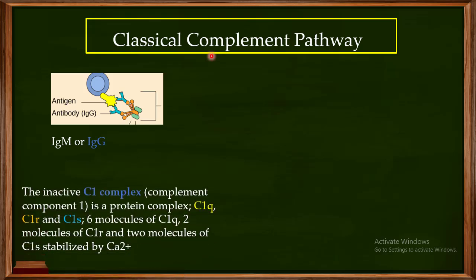When we talk about the classical complement pathway, you need to understand the C1 complex, because this is the first of the complexes which actually interacts with the complex of the antigen and the antibody. The inactive C1 complex, also known as complement component 1, is a protein complex containing three types of proteins: C1q, C1r, and C1s.